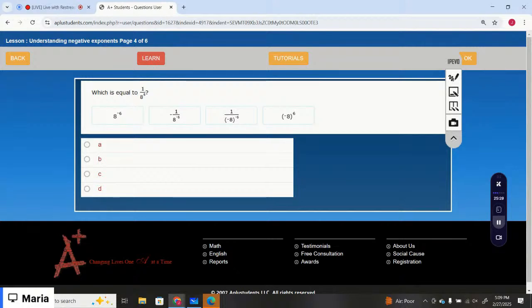Which is equal to 1 divided by 8 exponent 6. Option number A is the correct option, that is 8 exponent negative 6.